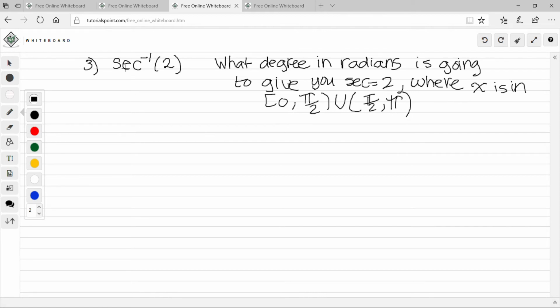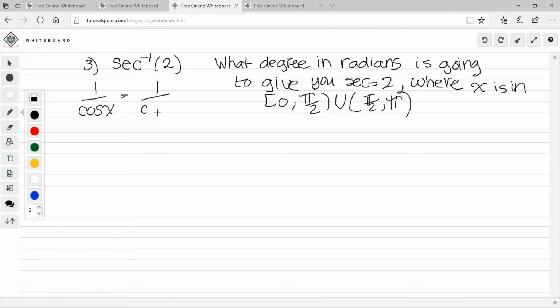So first off, what is secant? Secant is really the same thing as 1 over cosine alpha, right? So we need 1 over something that'll give us 2. Okay, so I'm going to try the radian pi over 3.